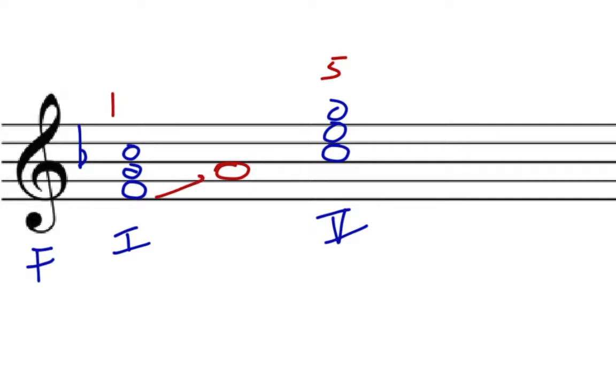Right, so it's equidistant, it's a third up or a third below. So between 1 and 5, halfway in between is the mediant triad. Because it's midway, it's referred to as the mediant.